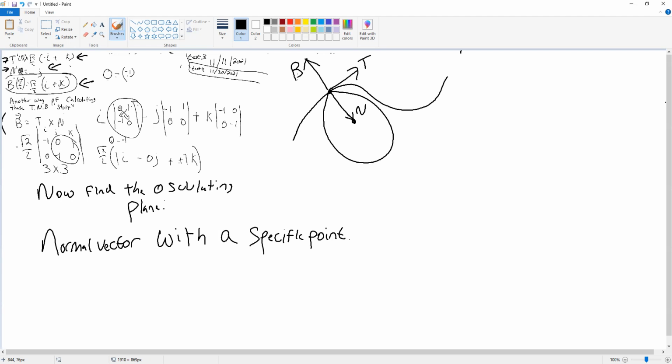Okay, yeah. So there's three different planes, they have different names. Yeah, for the oscillating. Just to give everyone else a visual, I don't have a book.